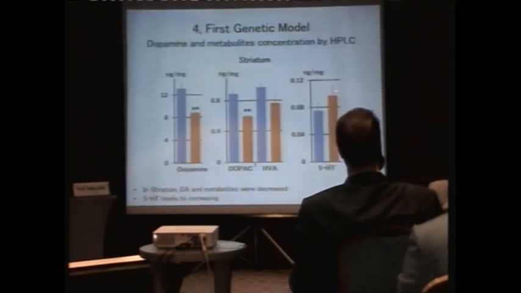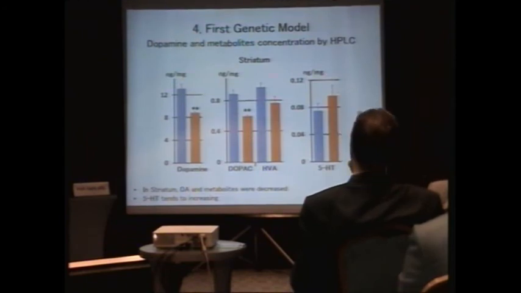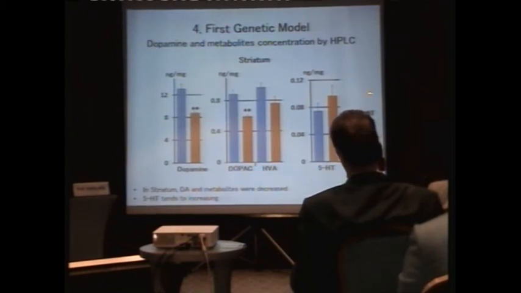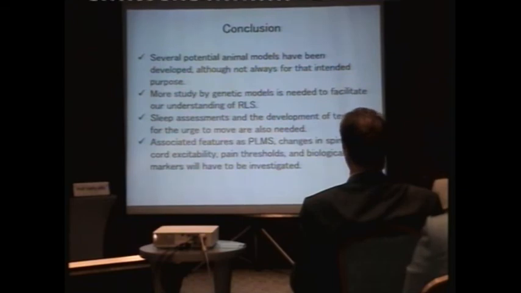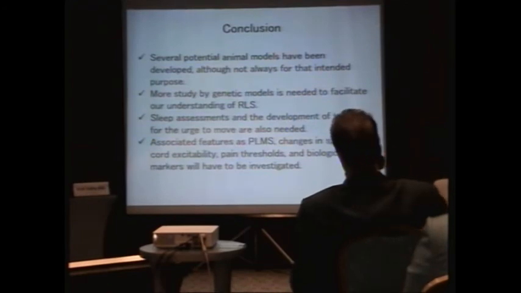We measured dopamine concentration and its metabolites. In the striatum data, dopamine concentration is lower than wild type, and metabolites are also lower. Serotonin shows no significant difference. This panel describes the conclusion. Several potential animal models have been developed, but all models do not completely reproduce the RLS phenotype.